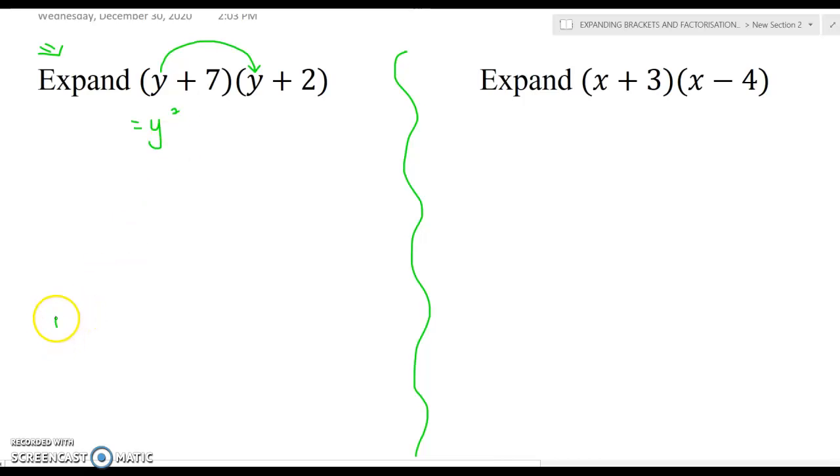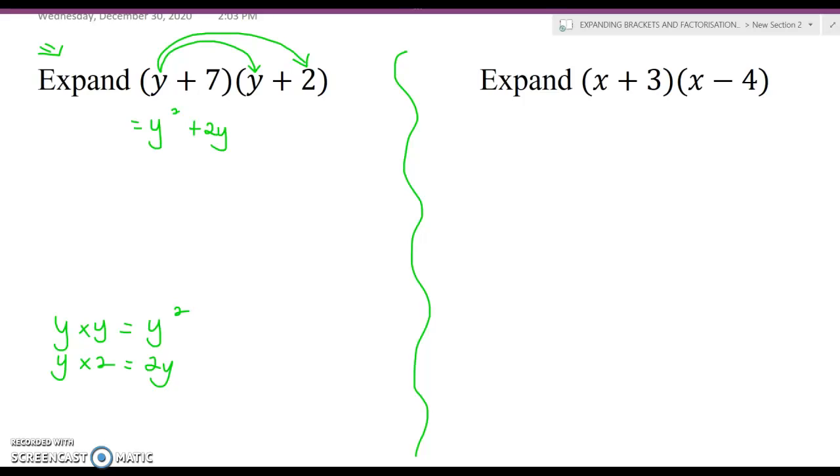I can write it down here, y times y is y squared. And then we multiply the same first term by the second term in the second bracket. So that is y by 2, which is 2y. Again, everything is positive in this question, so we don't have to worry about any negative signs.